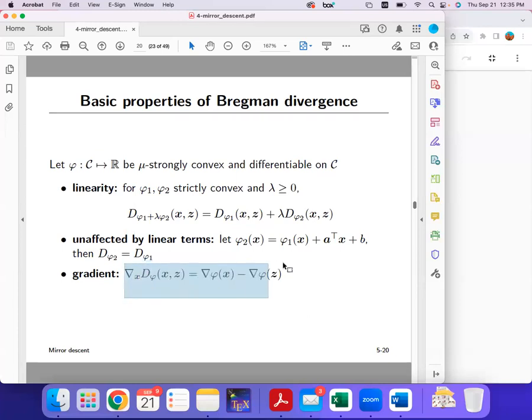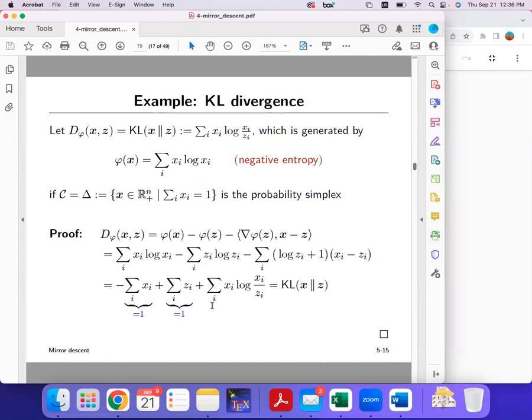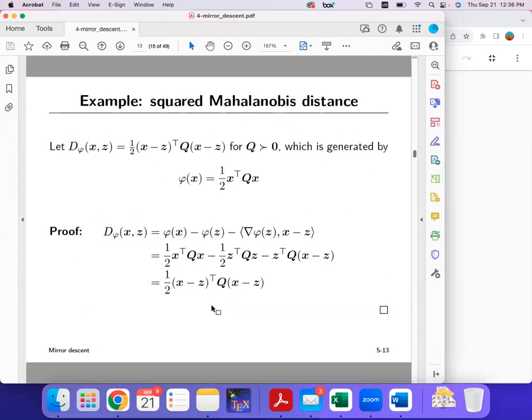You can also check the gradient. If you take the gradient of this divergence with regard to the first variable, then it is essentially the difference of the gradient of phi at x and z. Again, this can be seen from the definition.